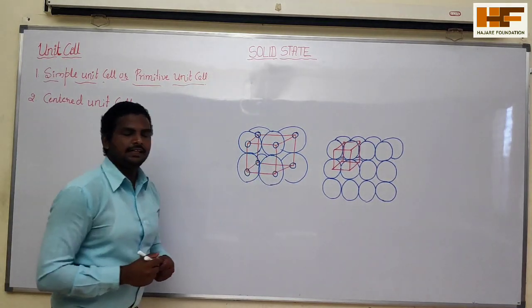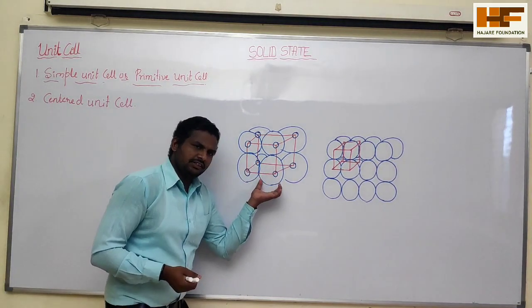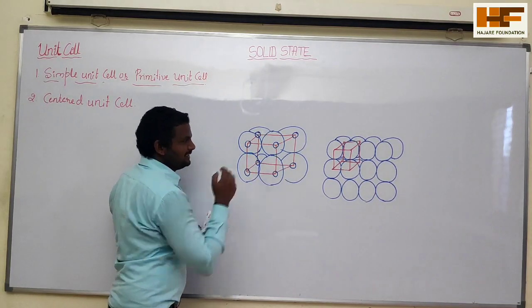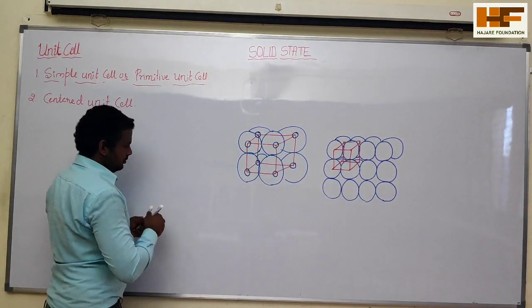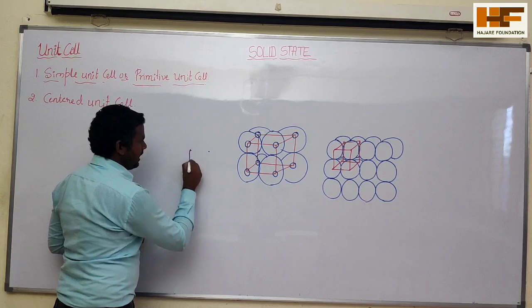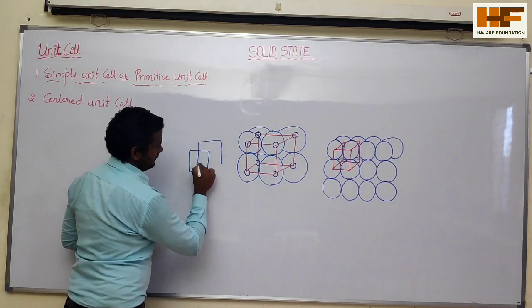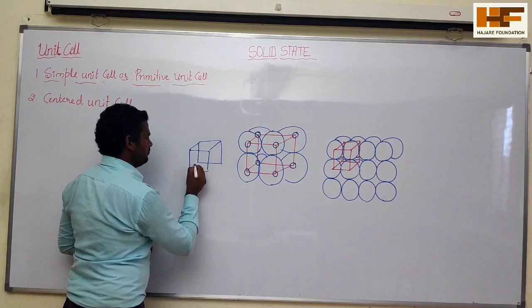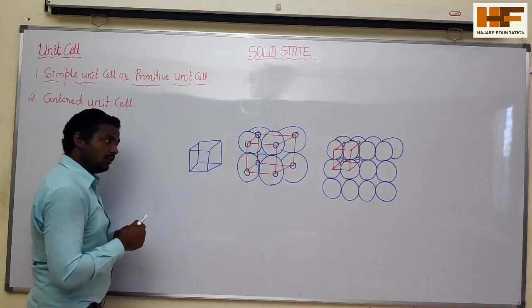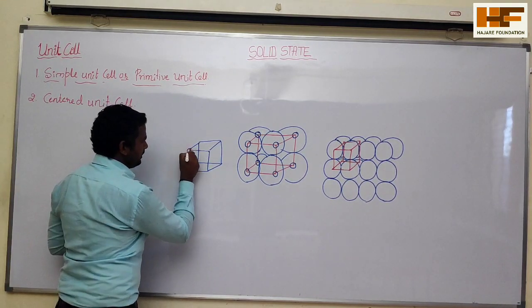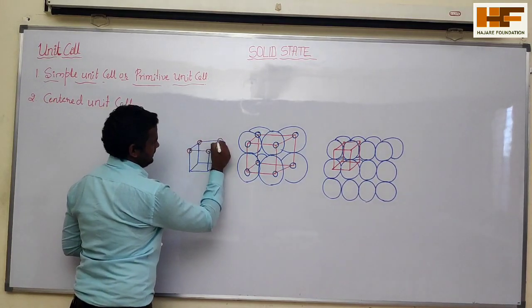For our convenience, I will consider only the lattice point. By those lattice points we have the simple cube like this. So the constituent atoms we represent by the lattice points.